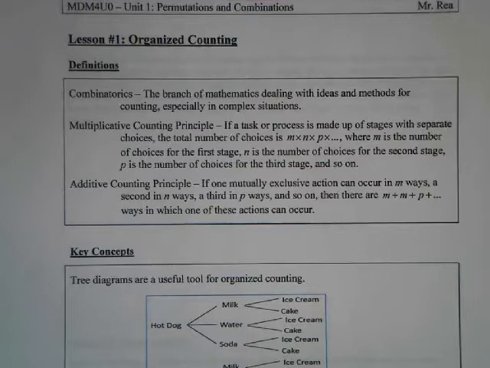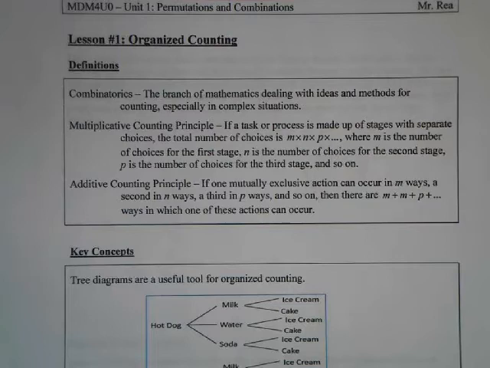So just so you know, combinatorics is the branch of math that we're talking about here. It has to do with the methods of counting in complex situations. So permutations and combinations fit under this branch of math. There are going to be 2 main principles we're going to be using in this lesson.